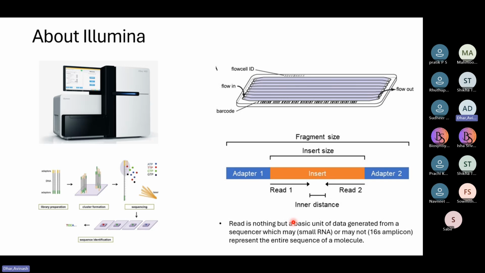Even with bacterial genomic DNA, 3.4 to 5 MB, you won't be able to sequence the entire portion in one go. So for that purpose, I say it may or may not represent the entire sequence of a biomolecule.